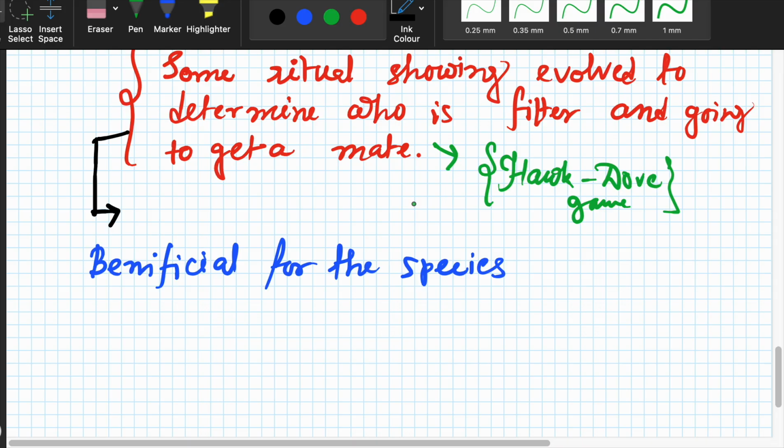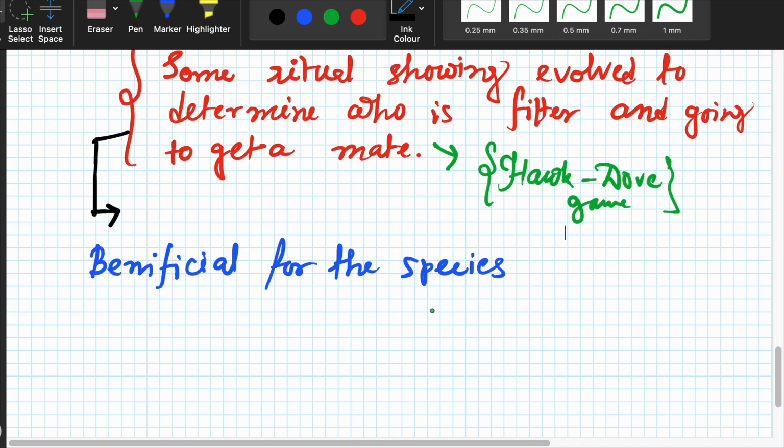Now it had been said by the early developers of evolutionary game theory that there was a puzzle. It was thought that both this aggressive strategy and dormant strategy are present in a species because it is beneficial for the species.